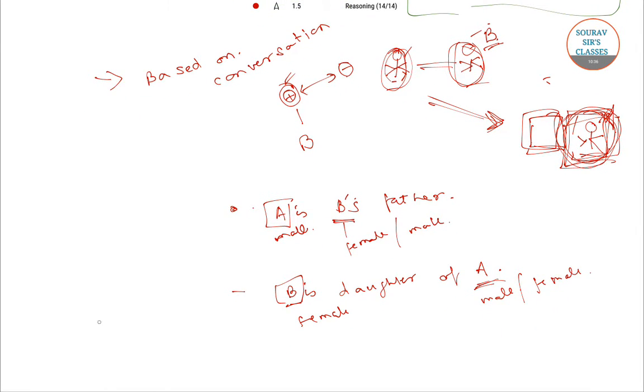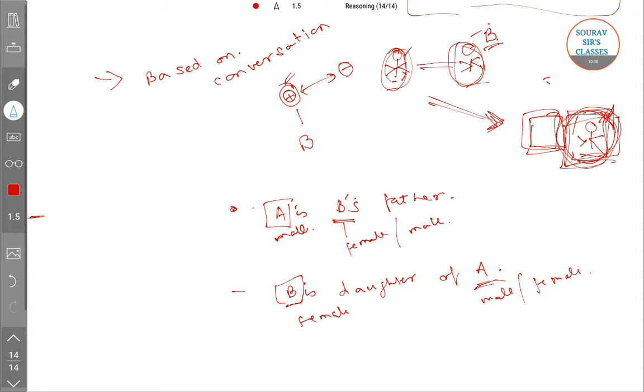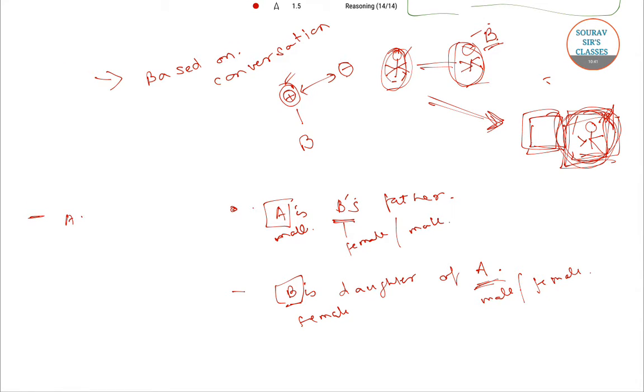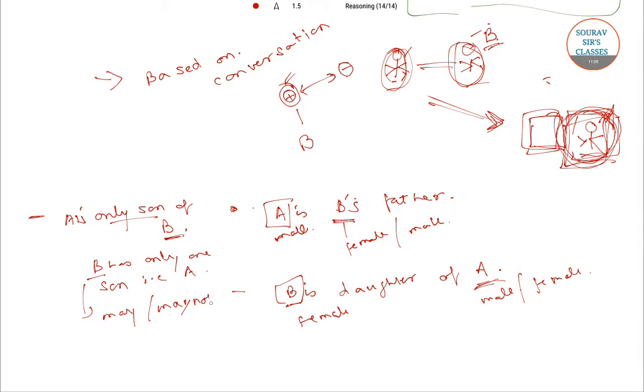Next is, if somewhere it is said that A is only son of B, then that means B has only one son, that is A, but B may or may not have daughters.